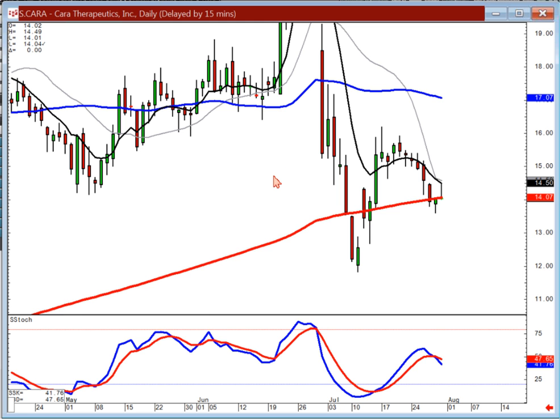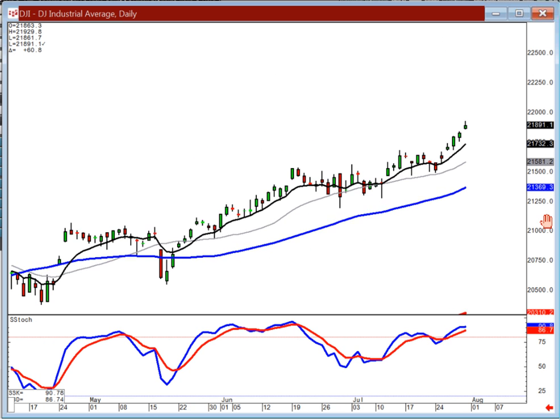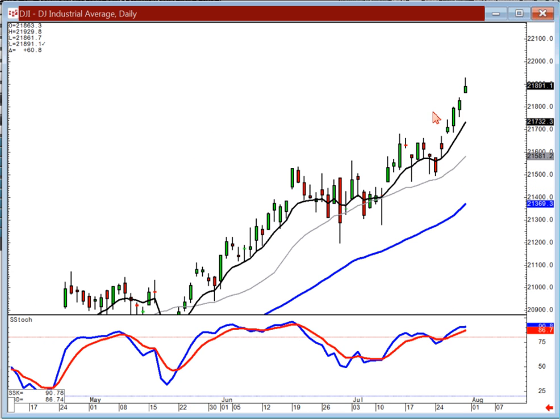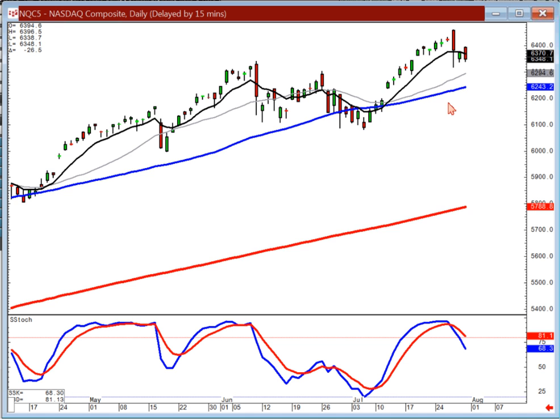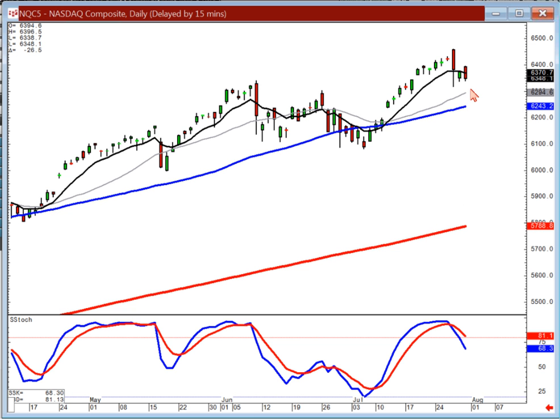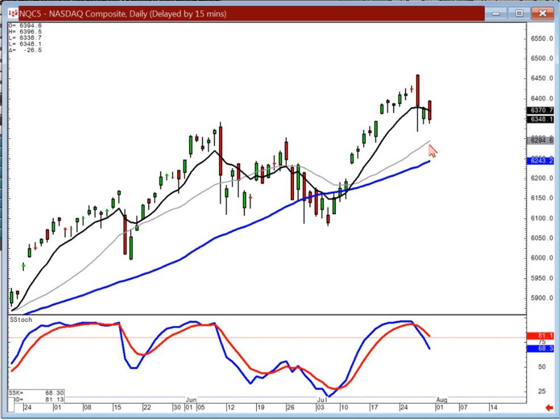So with these market conditions right now, the Dow is starting to look a little bit iffy, especially with the warning of the gap up. And your NASDAQ is telling us they're starting to sell those stocks pretty heftily with a bearish left-right combo followed by another bearish engulfing.